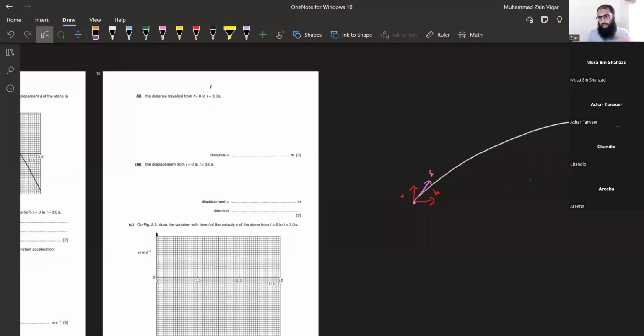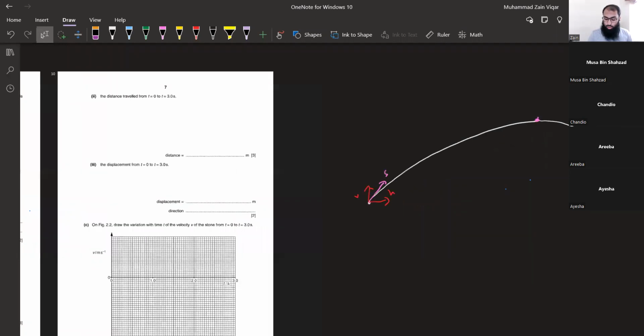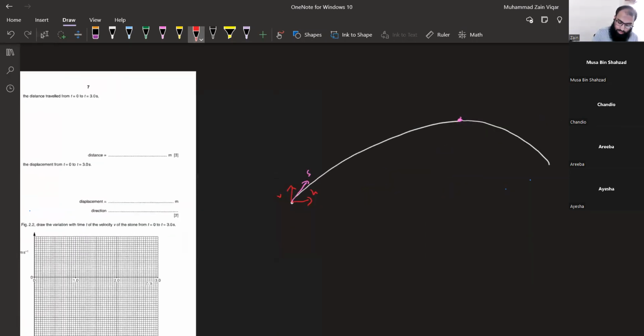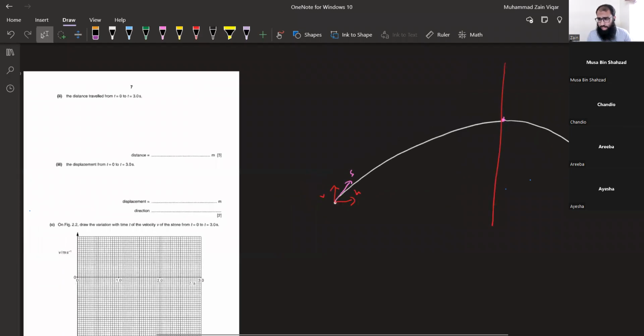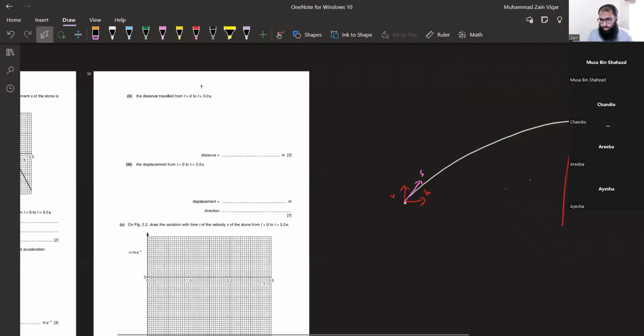It was 10 and then it became 0 because acceleration was negative, it was deceleration. And after 0, the object starts moving downwards, which is negative acceleration, negative velocity. So velocity changes like this, and the horizontal component does not change.